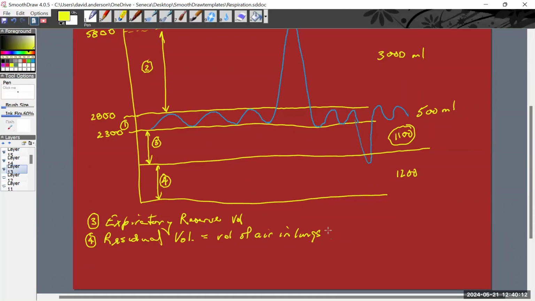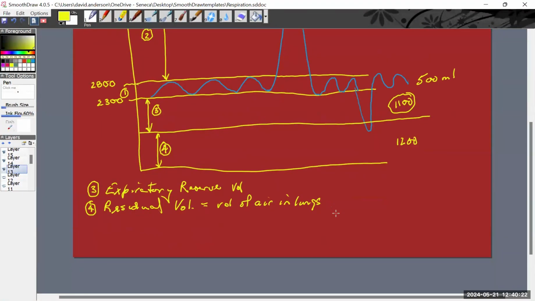So you could breathe out as much as you want. There's still going to be air in the alveoli available for exchange. Does that make sense? Are we okay with that? We understand that? And that represents about 1,200 milliliters.